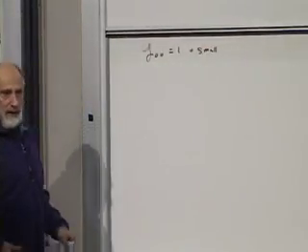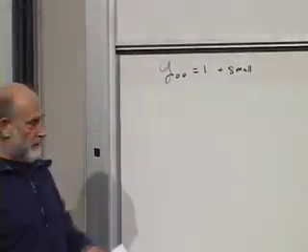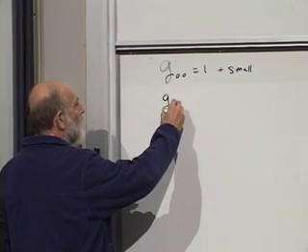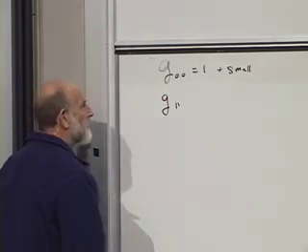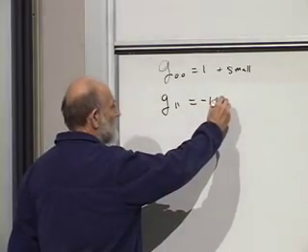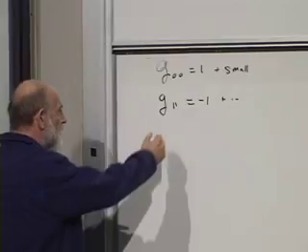We're going to keep track of small things to the leading order, basically. What about G11? Well, that's equal to -1 plus small things. What about G22? Same thing.